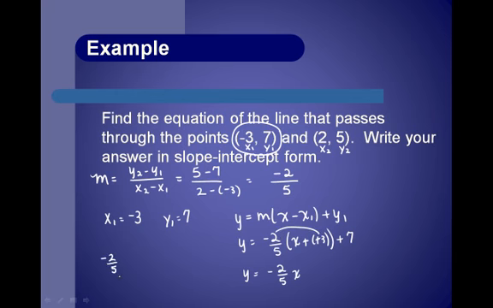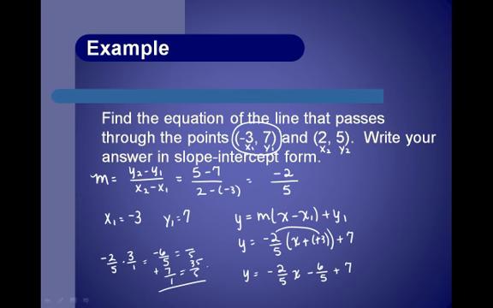So if we need to come over here, negative 2/5 times a positive 3, multiply straight across, and we get negative 6/5. But now we've also got to add 7 to that. So we've got negative 6/5 plus 7/1. To add 2 fractions, we've got to have an LCD. So we're going to have a least common denominator of 5.